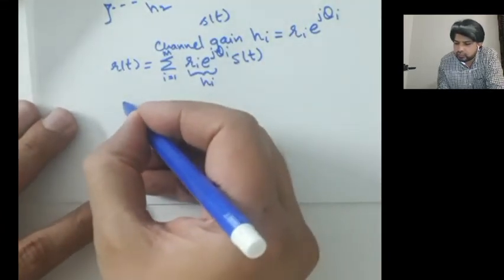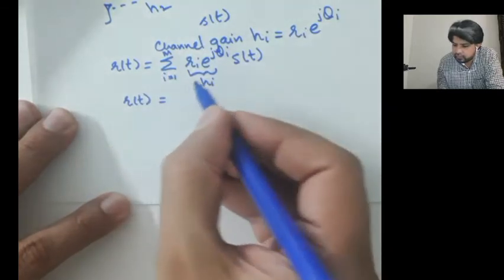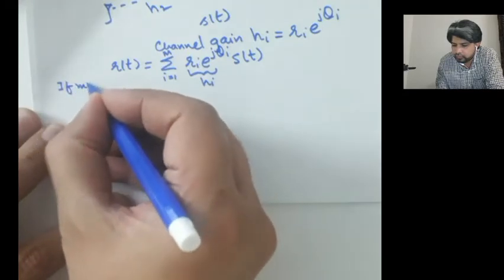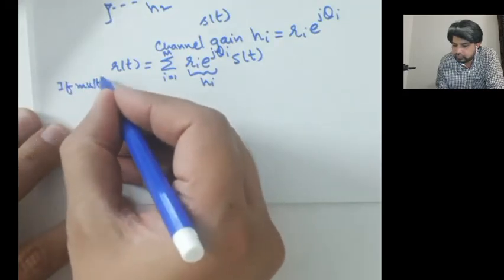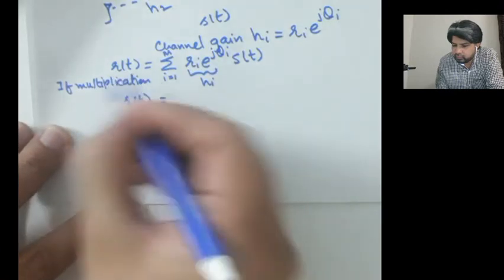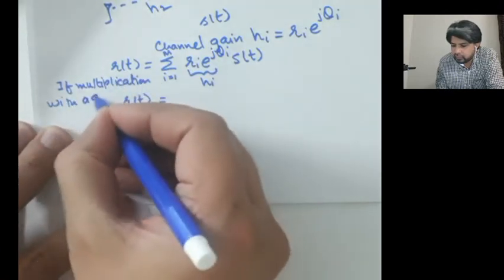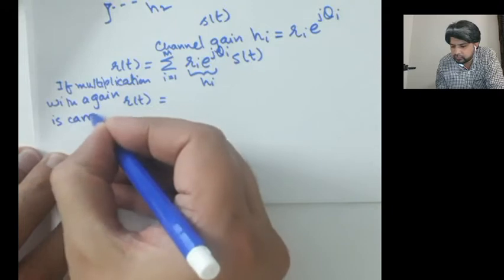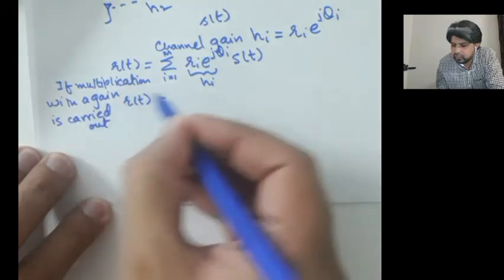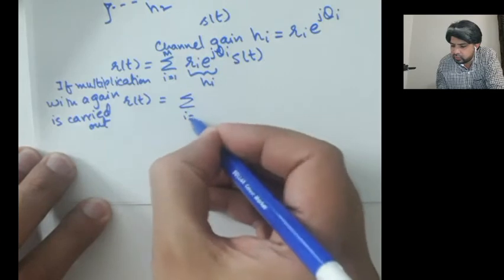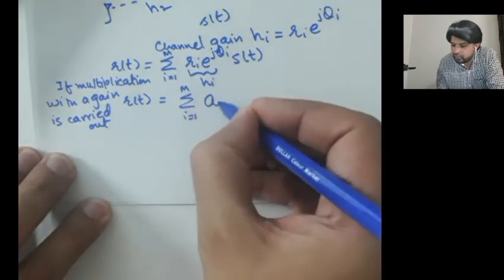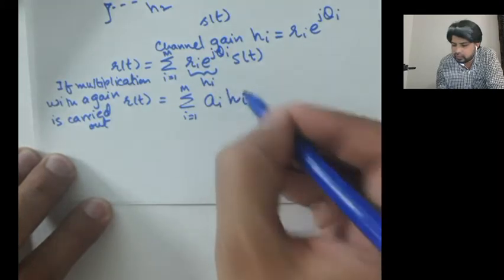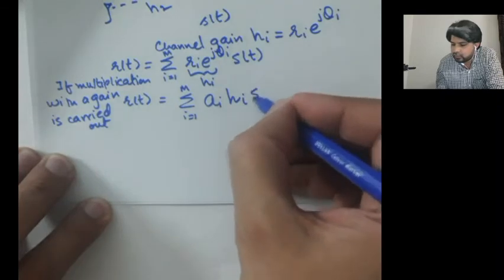If multiplication with a gain is carried out at the transmitting end, then your received signal R of t would be the summation i equals 1 to capital M of Ai, the gain that you multiply with the signal transmitted from the ith antenna, times Hi times S of t.